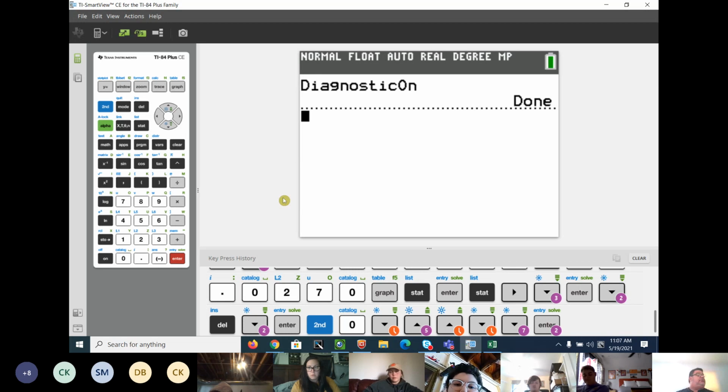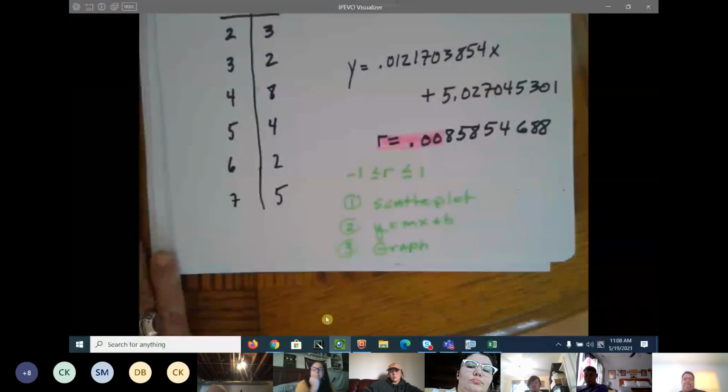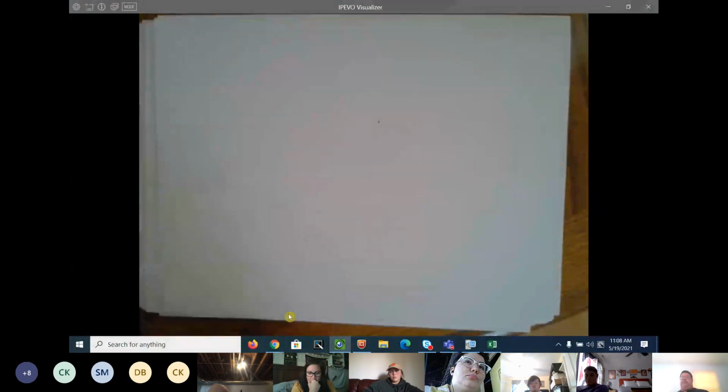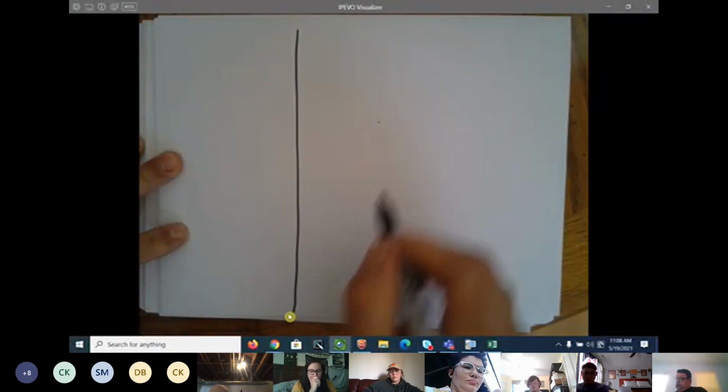2.3 is solving systems of equations, I think. Yeah. There's 3 ways to solve a system of equations. Anybody know the 3 ways?